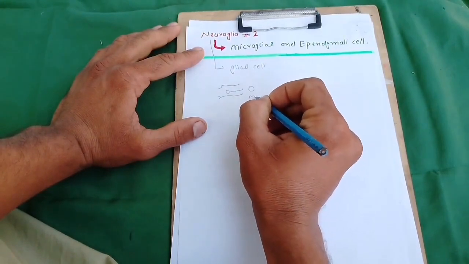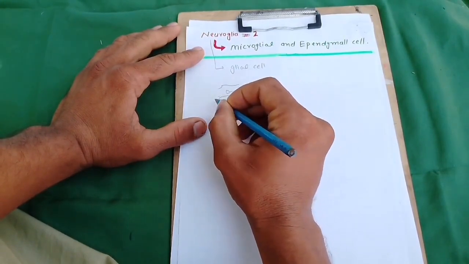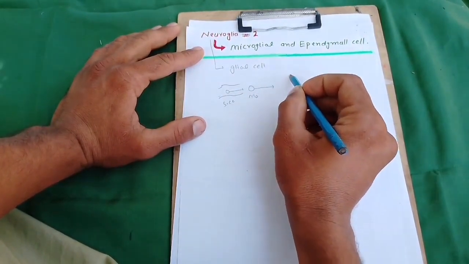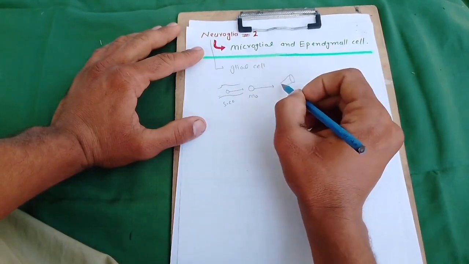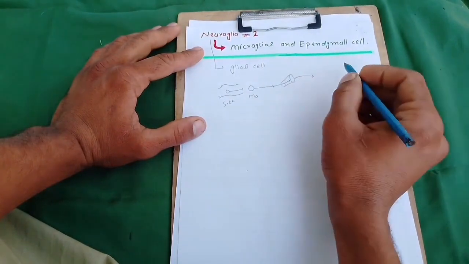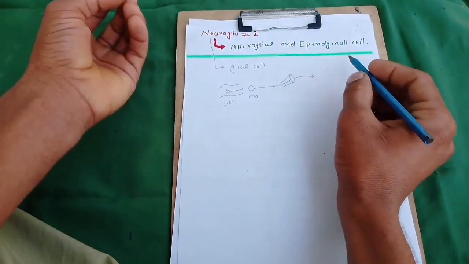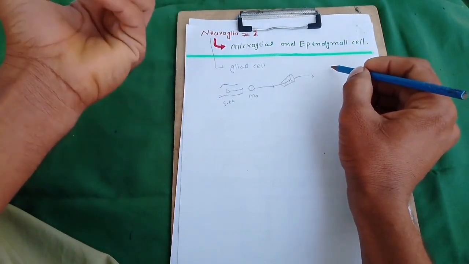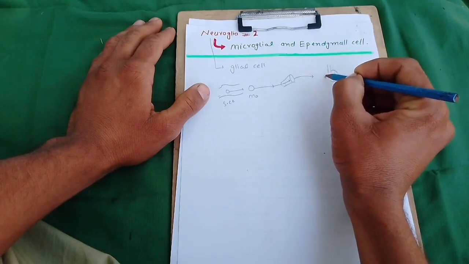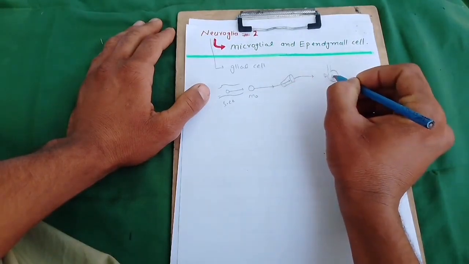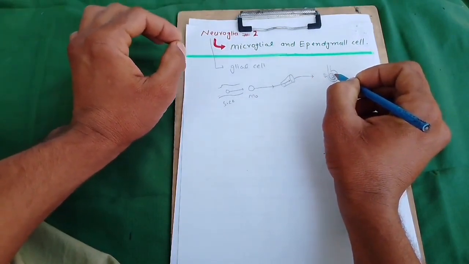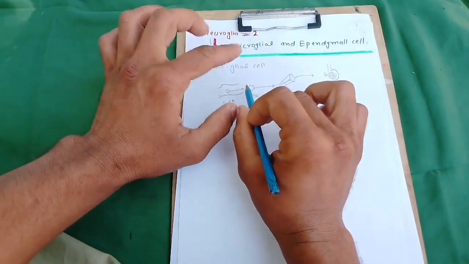This monocyte goes to the blood vessel, and from the blood vessel it goes to a specific tissue or organ, suppose the lung or the stomach. So this monocyte is converted to the macrophage. So every organ has a specific type of macrophage which is derived from the monocyte.